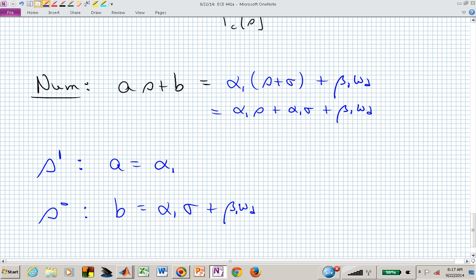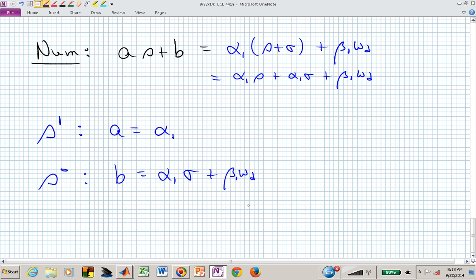I can now find out how much of the sine piece I have. Or solving for beta sub 1, I have B minus alpha 1 sigma over omega sub d.